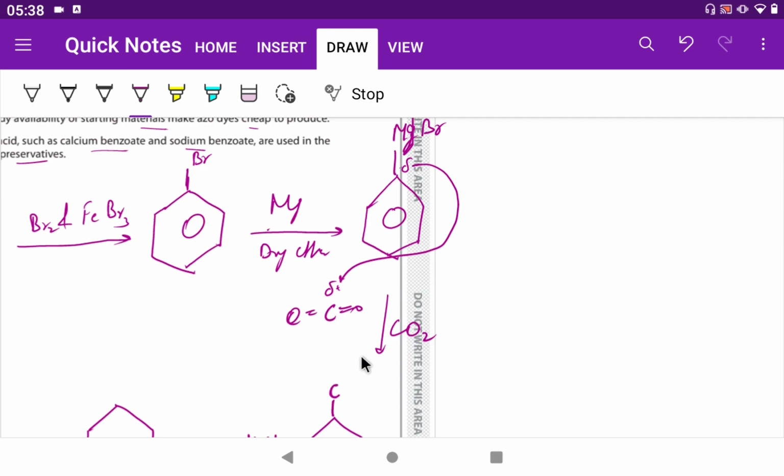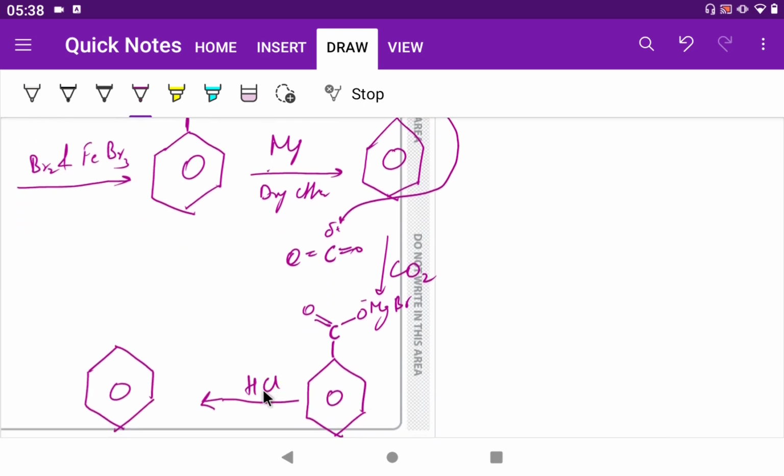This is the carbon 1, and the carbon is making 1, 2, 3, 4 bonds, so one bond will break down, and at O it will be minus, and MgBr, Mg is positive, so it will combine like this.